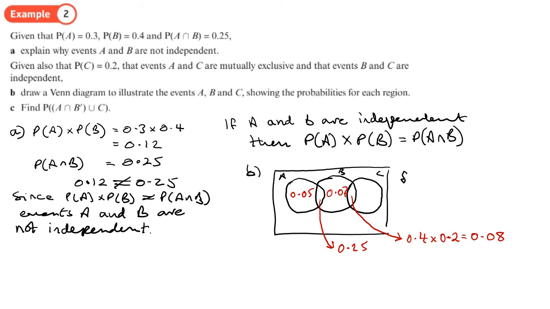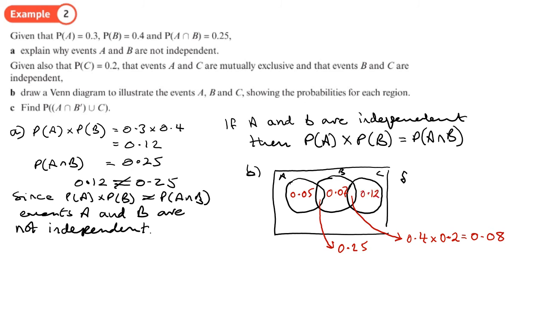So B is 0.4 minus 0.25 minus 0.08, yeah, 0.07. Okay, and C is 0.2. I've used up the 0.08 where it overlaps with B, so I'll take that off. And I'm left with 0.12 in here.